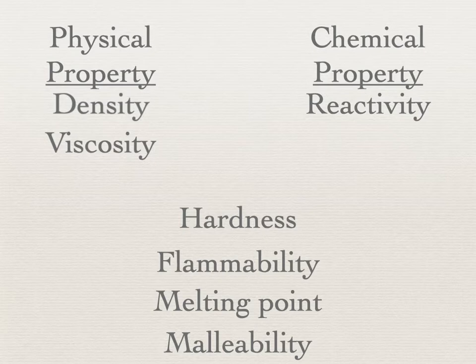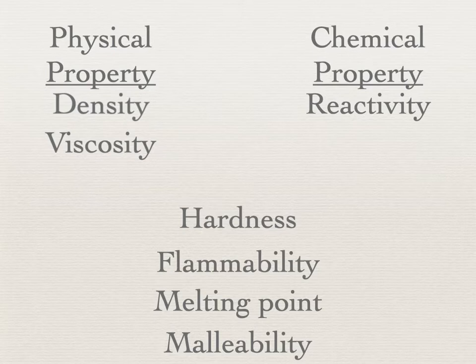Hardness. Some of you may remember your geology unit. Some of you are convinced you never had a geology unit. Turns out you just don't remember it. But you were given a box of minerals and you were told all different properties that you could use to identify what kind of mineral you had, and one of them was hardness. You were given a piece of glass, a penny, a nail, and you tried to see whether the mineral would scratch the glass, whether it could be scratched by the nail or the penny.